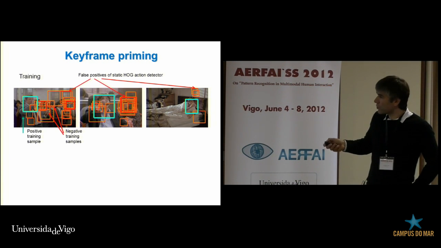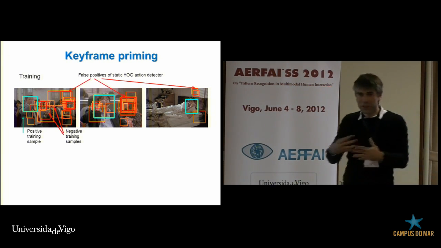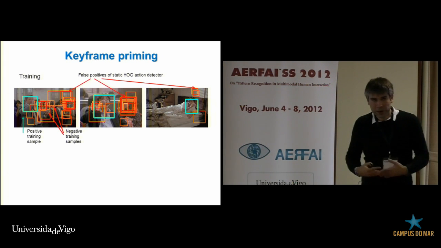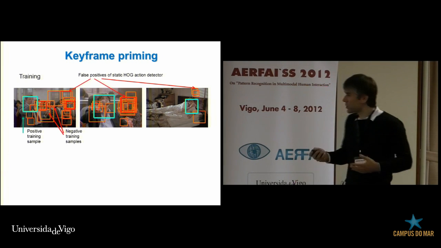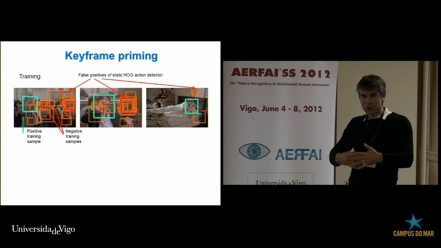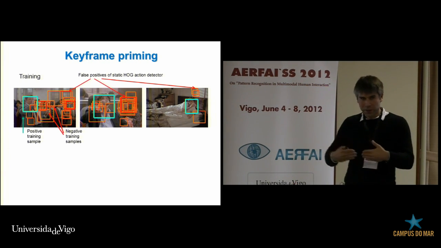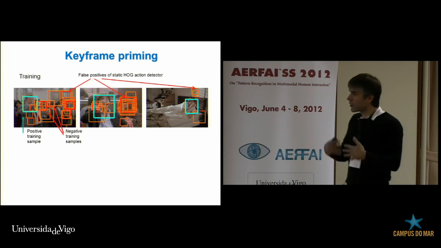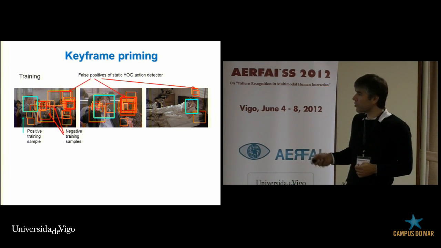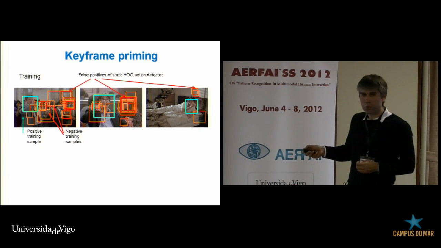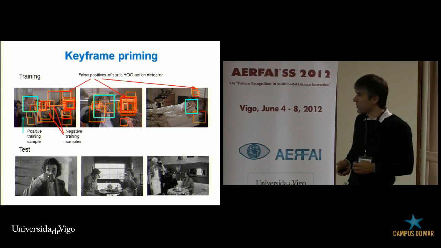Then we use these negatives to feed into the space-time classifier as a second stage to get better results. So basically we have two stages. First, running the static classifier to remove lots of potential false positives, and then training and applying the space-time classifier just on these pruned hypotheses.